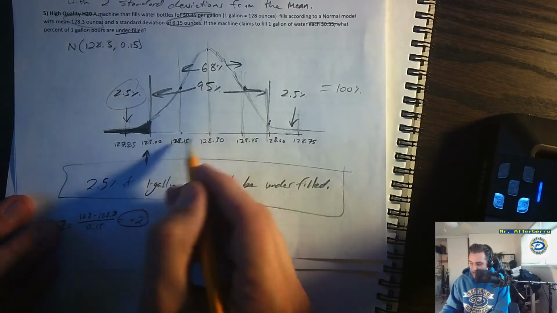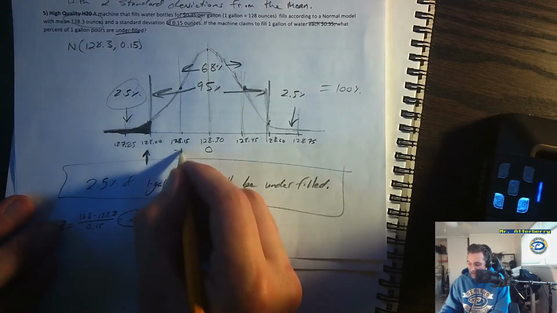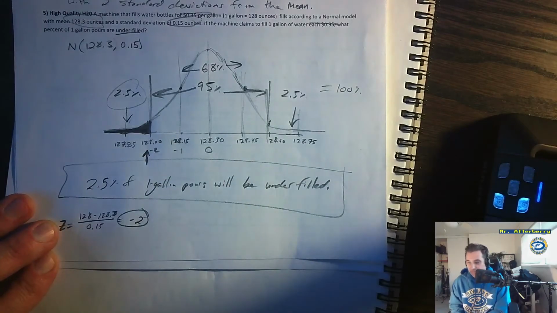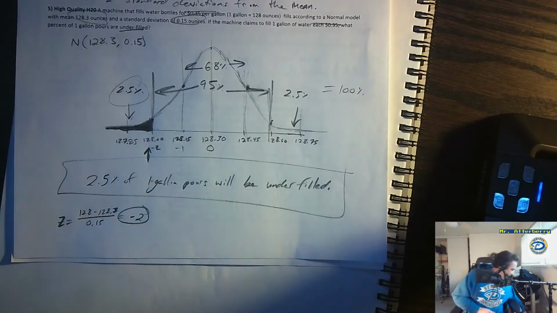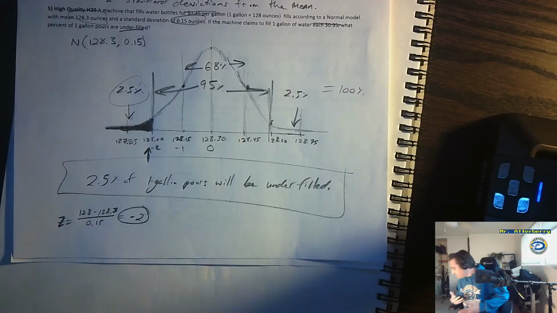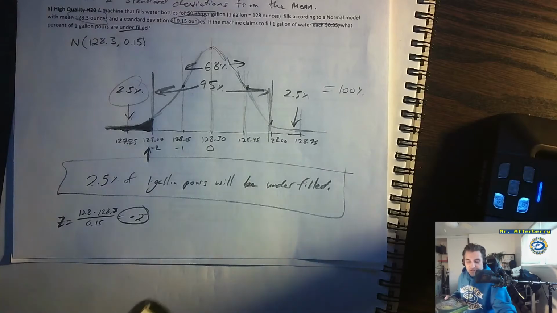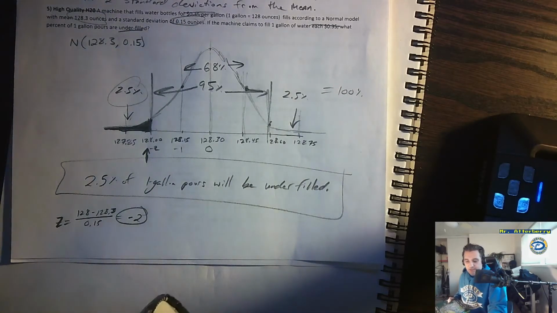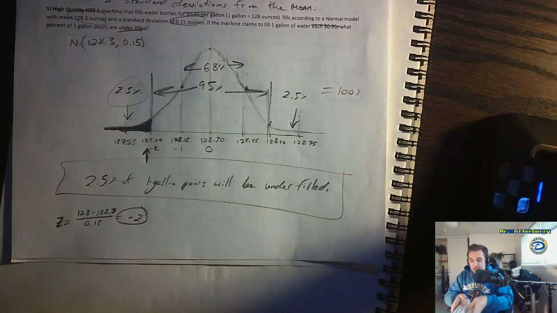Confirms that it's right here at negative 2, where 0 is your mean. If you go to your book, any other resource, or you can just Google it, z-tables.